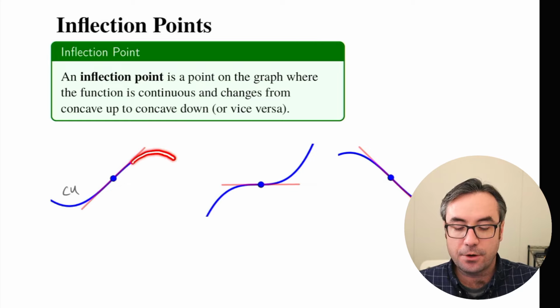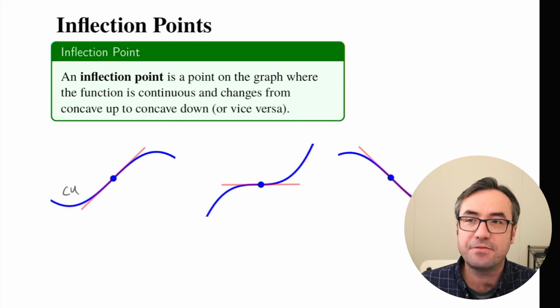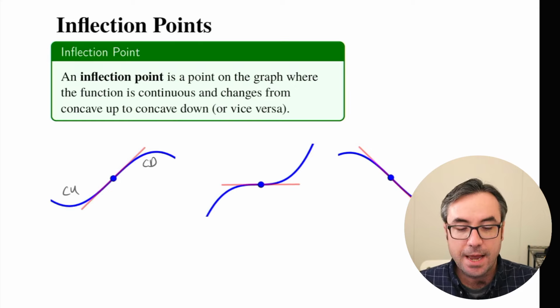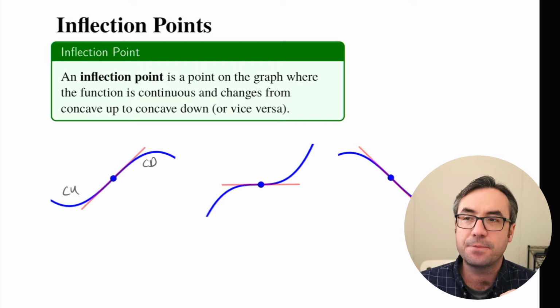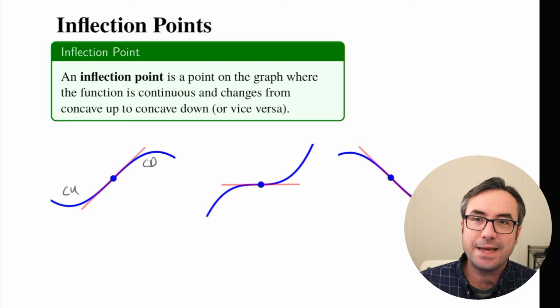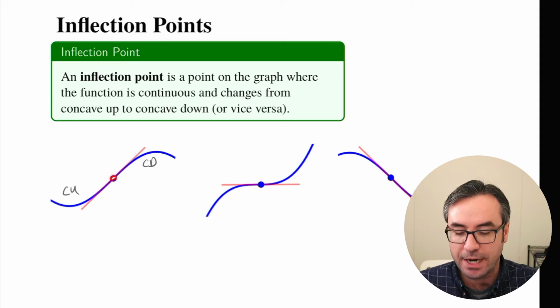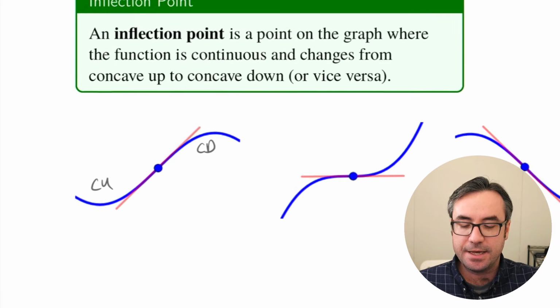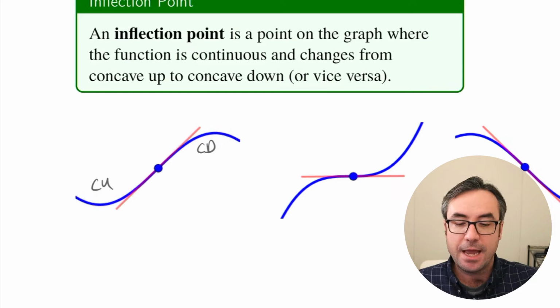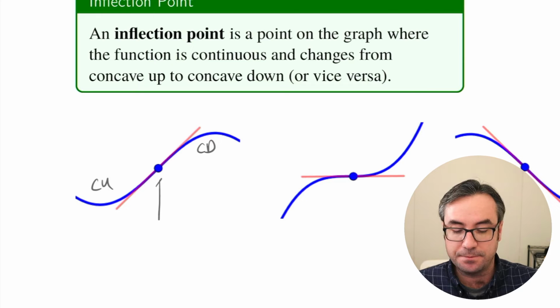Over here, our graph clearly has that concave down shape. And it gets a little hard to tell what's going on right in here in terms of the shape of our graph. And we're going to see how we can actually pinpoint this location with some calculus. But what happens is we make this transition going from concave up to concave down at one specific point. And we call that our inflection point.